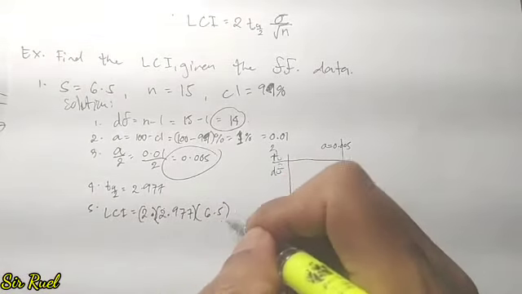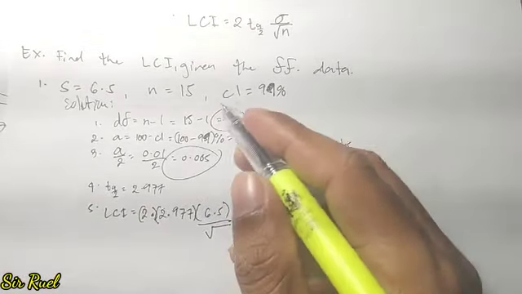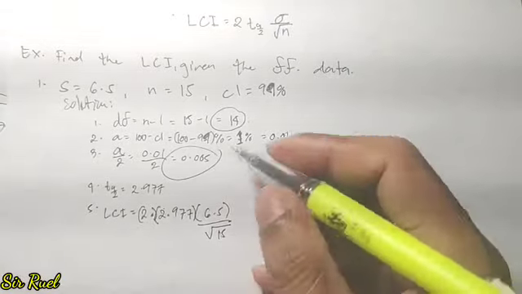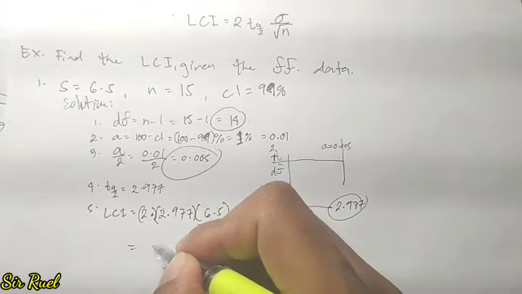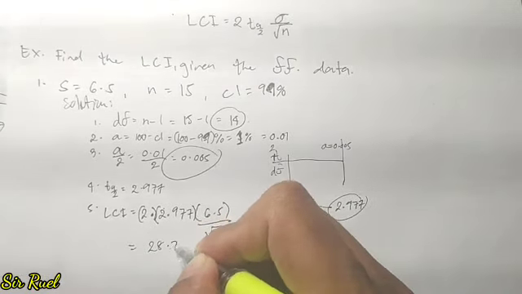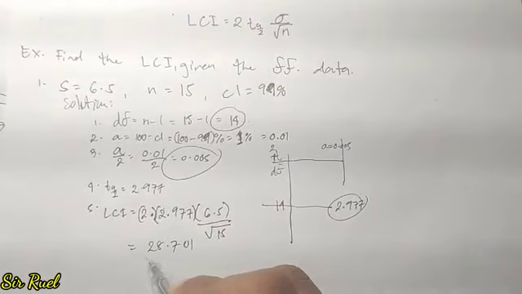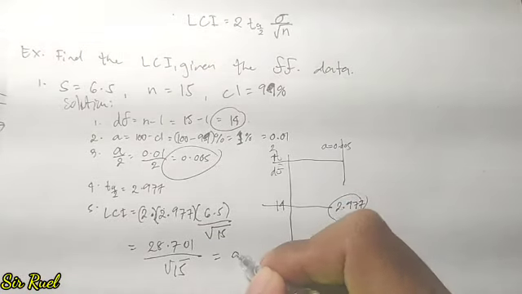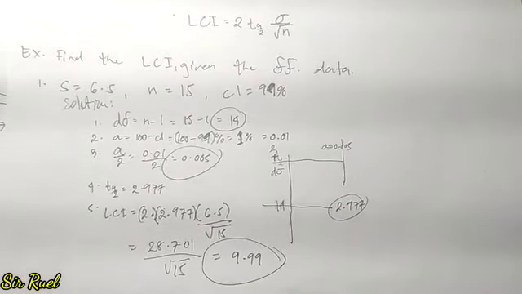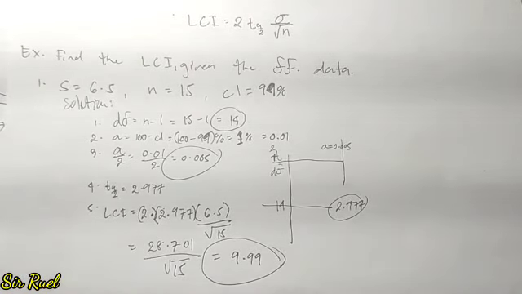Multiply mo itong tatlo, divided by square root of 15. Multiply natin itong tatlo, yung result niya is 28.701, divided by square root of 15. So, yung sagot natin is 9.99. Yun yung length of confidence interval natin kapag yung sample size natin is less than 30.